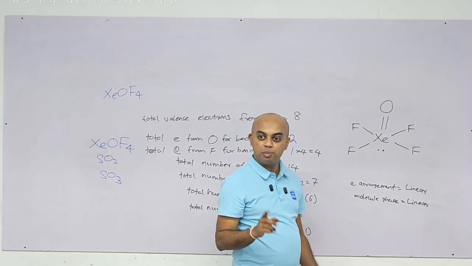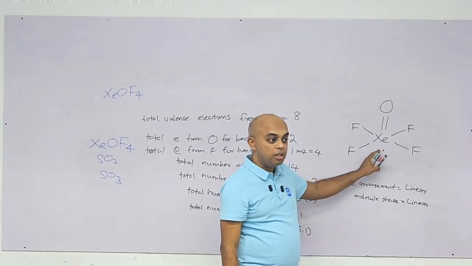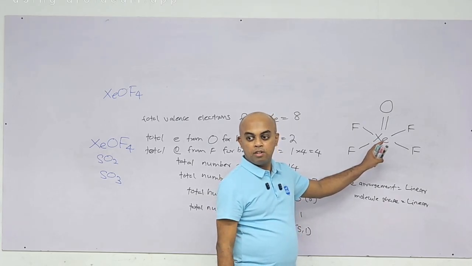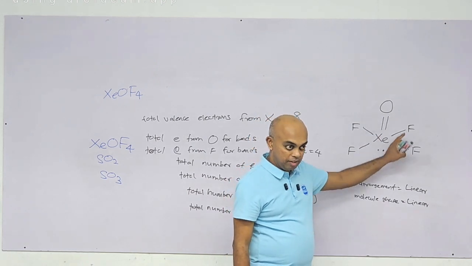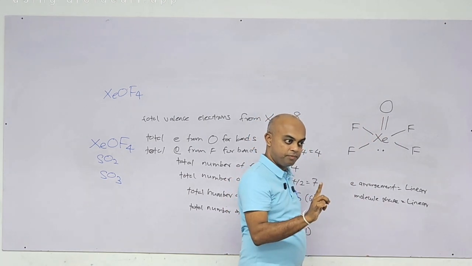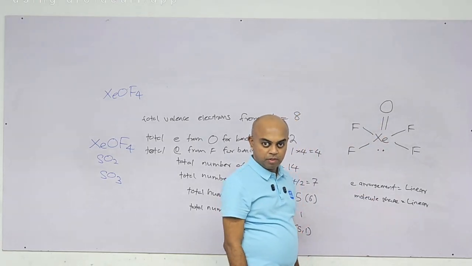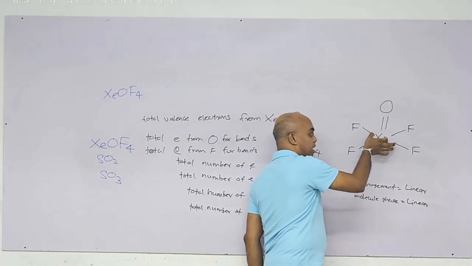Now what is the electron arrangement here? Tetrahedral or what? Octahedral, or square bipyramidal. A double bond is considered as 1, right? Because this is in the same plane. So 1, 2, 3, 4, 5 and 6.